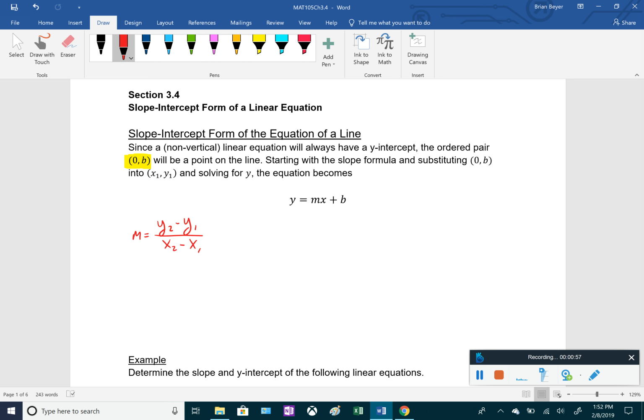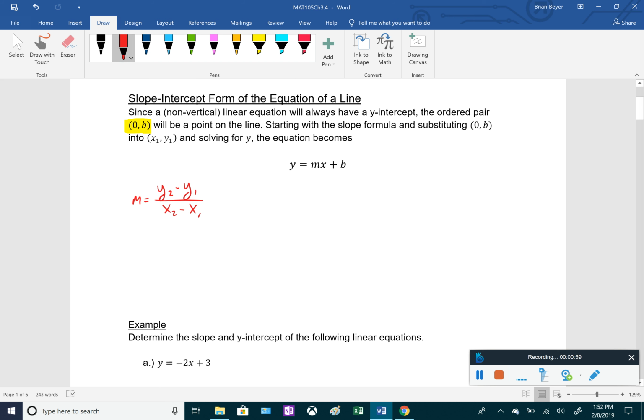and we know that there's a y-intercept, we can substitute (0, b) into (x1, y1), which means we would get m equals y2 minus b over x2 minus 0.